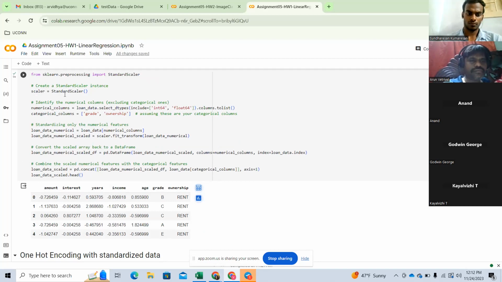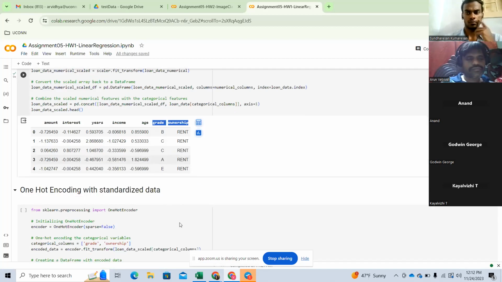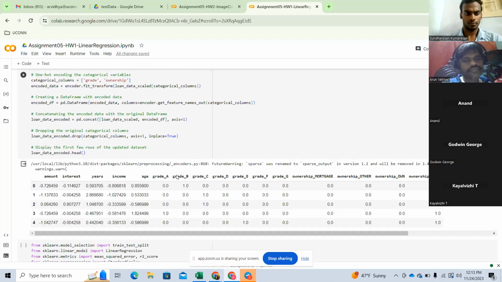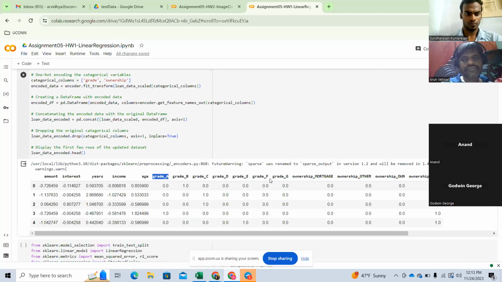So I proceeded after standardizing the data, and this is how the numerical columns looked after standardization. I didn't do any standardization to the grade and ownership. I kept them as such, and applied one hot encoding to the grade and ownership. With one hot encoding, we could see the grades from A to G, and it transfers the grade into columns.